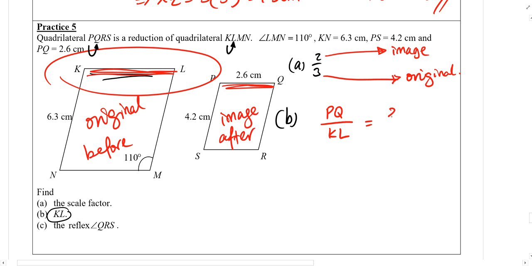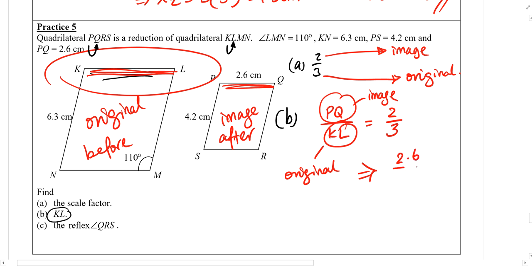So now this is going to be 2/3 because I have my image divided by original. So substituting in the values, I will get 2.6 divided by KL equals to 2/3. Then I can solve for KL again and I get the same value, which will be 3.9 cm. Your choice whether you want to use the first approach or the second approach.